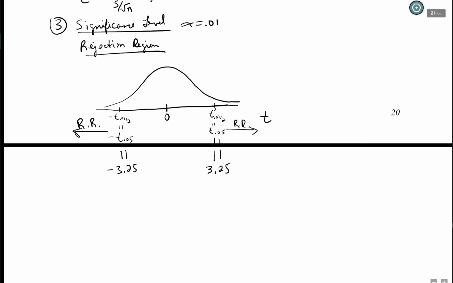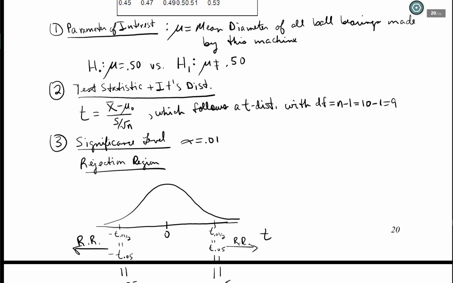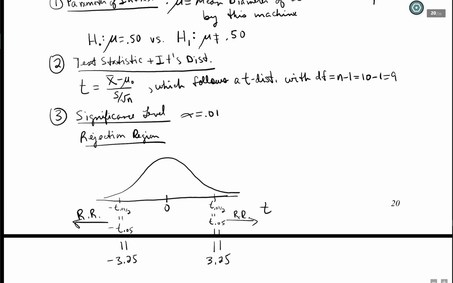And it's intuitive. If you look at it, the alternative hypothesis is not equal to, so in order to have overwhelming evidence to go from H naught, that mu is a half, to H1, that mu is not a half, the overwhelming evidence could be in the form of x bar being a lot bigger than mu naught or a lot smaller than mu naught.